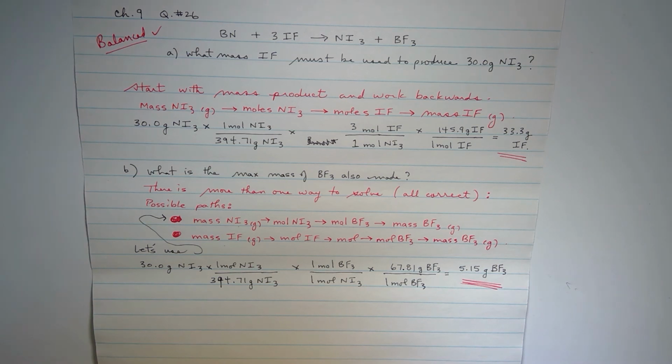But it all comes down to the same idea. Balanced chemical equation, and always move from one species to another, whether it's IF to NI3 or BF3 to NI3 or what have you. You can only move from one species to the other through the molar ratio of the balanced chemical equation. Always work in moles. Write that somewhere. Write it on your hand. Okay, that's it for this one.